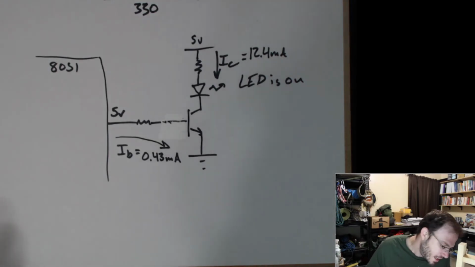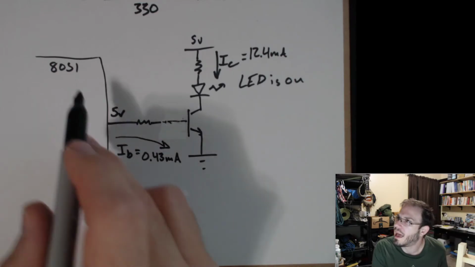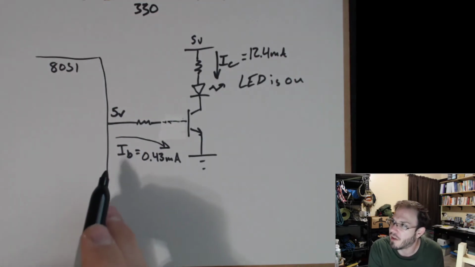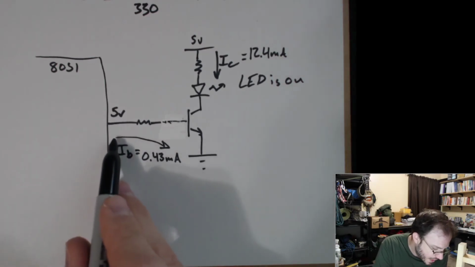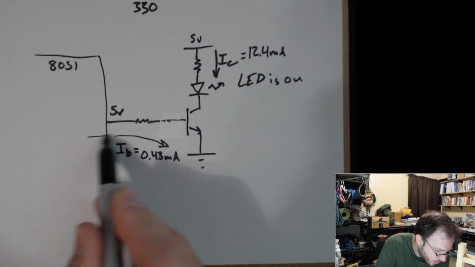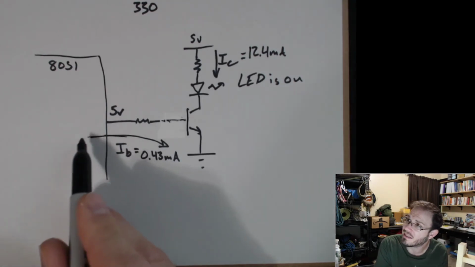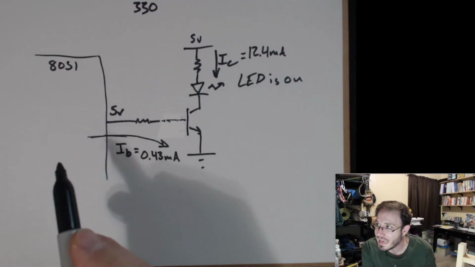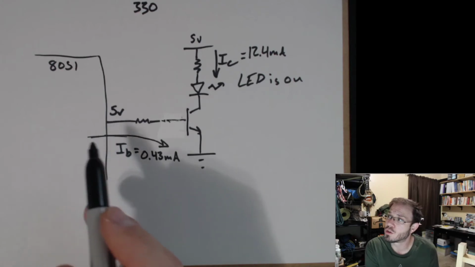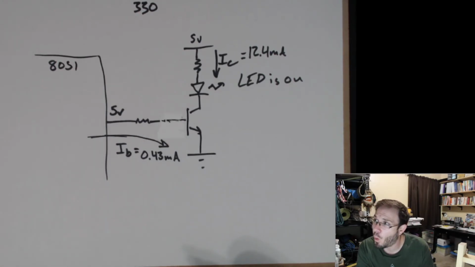So if you're in my 262 class, you know that taking a digital device like this and trying to draw more than 1 milliamp out of it, right? Because look, this 0.43 milliamps has to come from inside of the 8051. Well, we don't like to actually source more current than, say, about 1 milliamp.